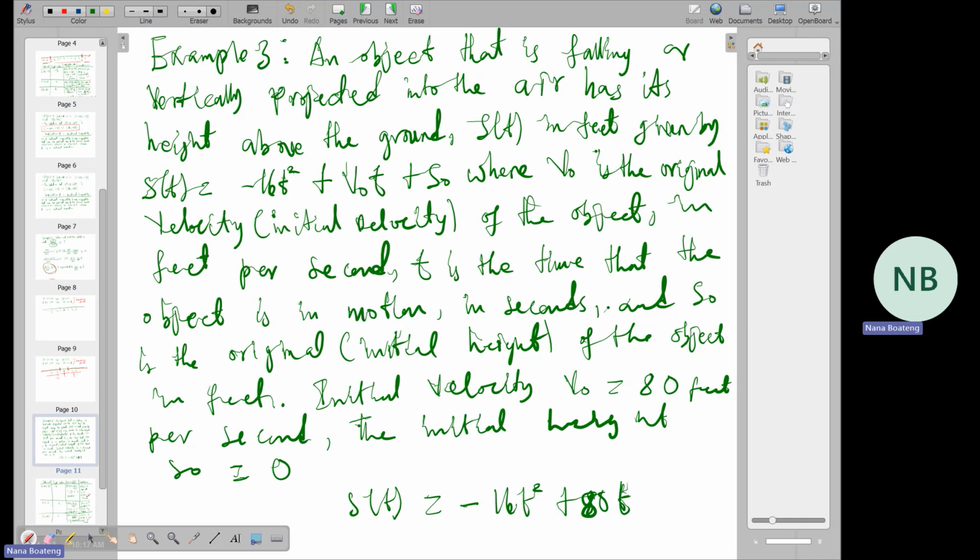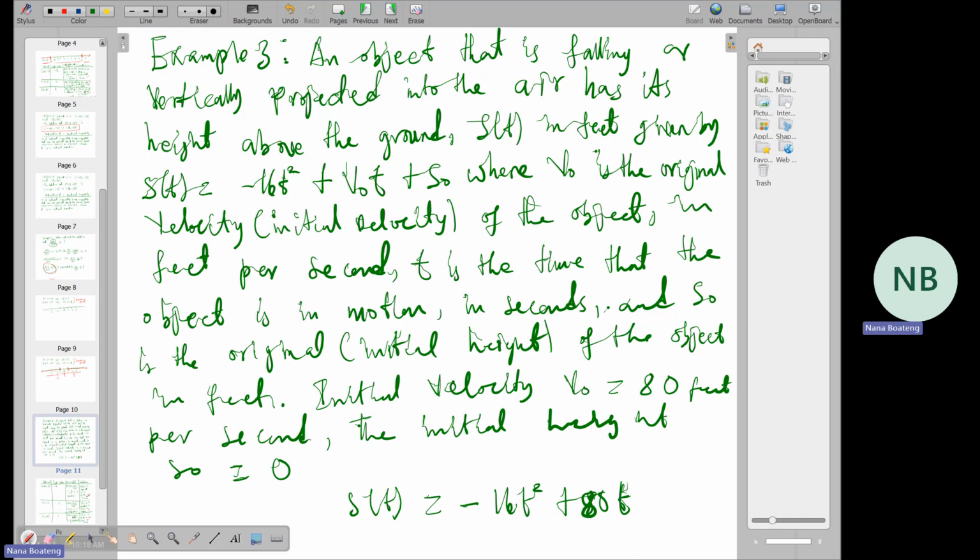So this becomes the function that models the distance traveled by the object at any time t.